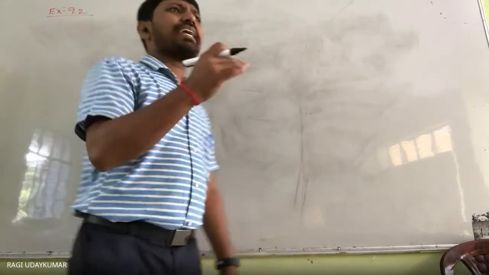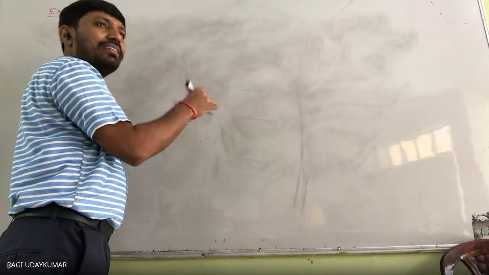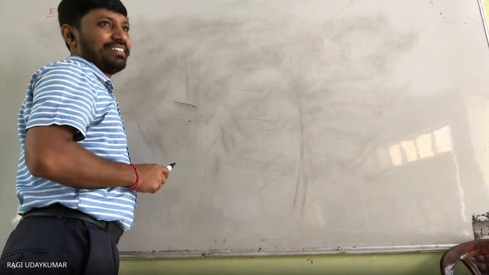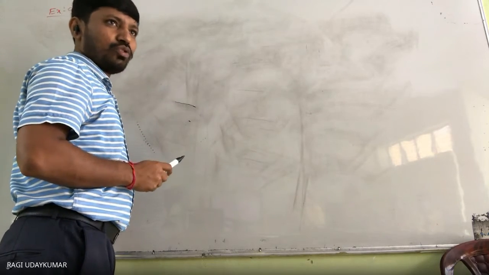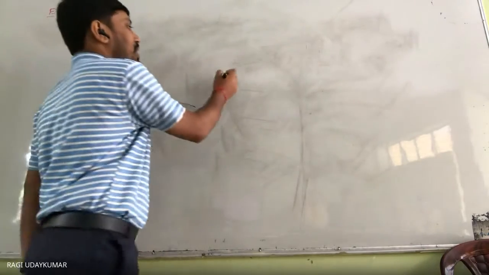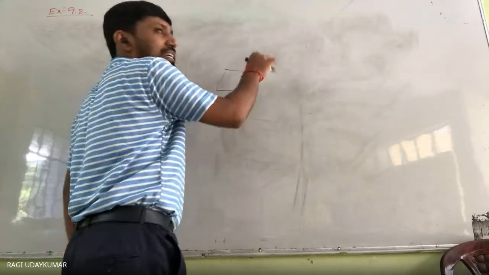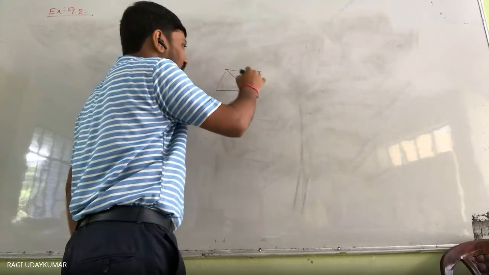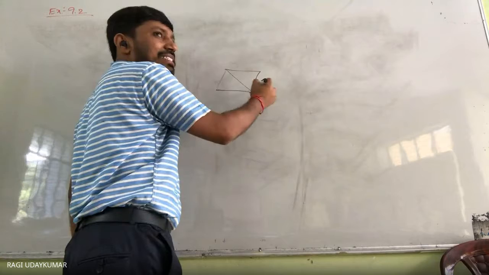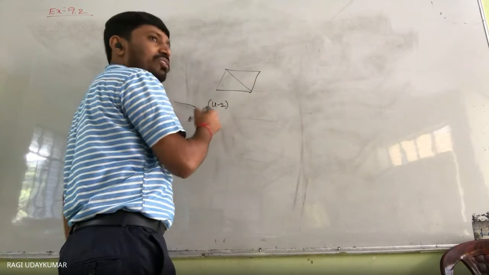Simple here. To remember this, a triangle has 3 sides. 3 sides, 3 minus 2 into 180 degrees. Because for a quadrilateral, any quadrilateral, there are 4 sides. So when you have 4 sides, you are going to get 2 triangles. In one triangle the angle sum is 180 degrees. So 4 sides means 4 minus 2 triangles.